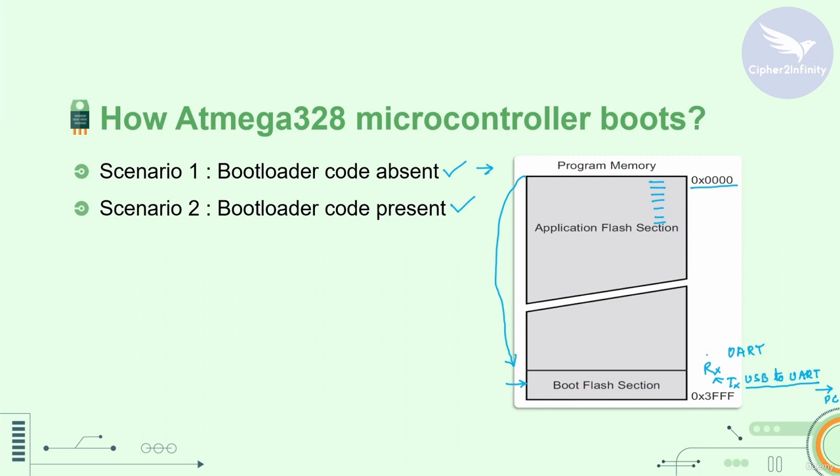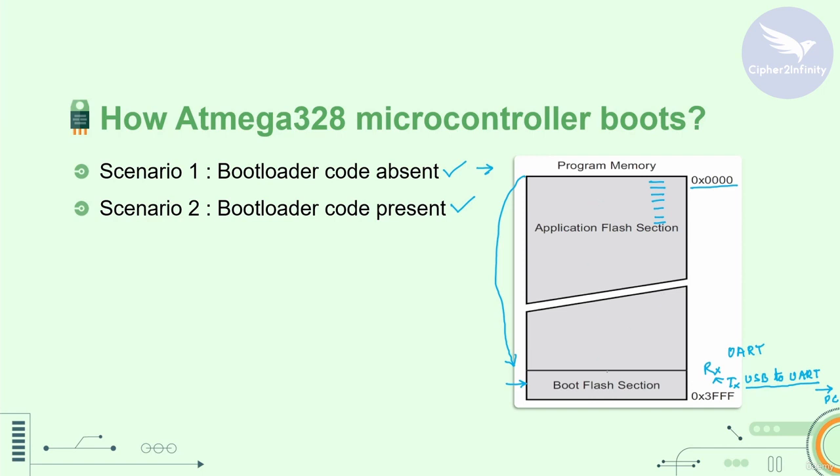If the predefined sequence of bytes is received over the RX pin and those bytes are validated by this program, then it understands that the right external programmer is connected. Once the handshaking is done between this code and the USB to UART converter, whatever data the converter sends over the RX line will be programmed by this code inside the microcontroller.